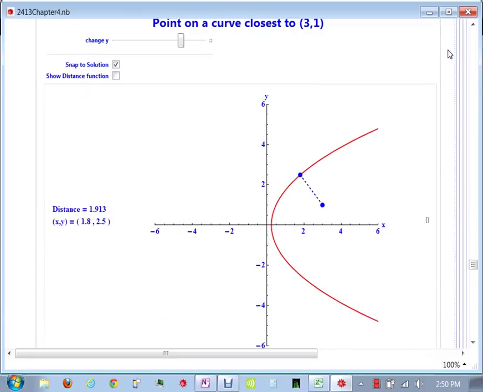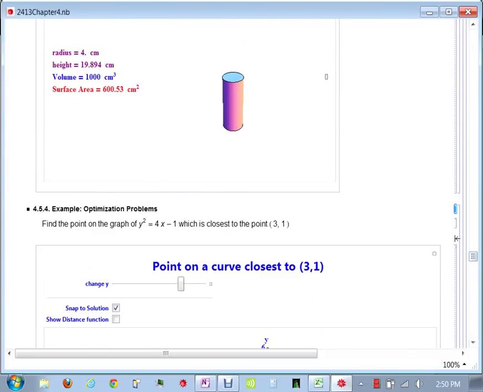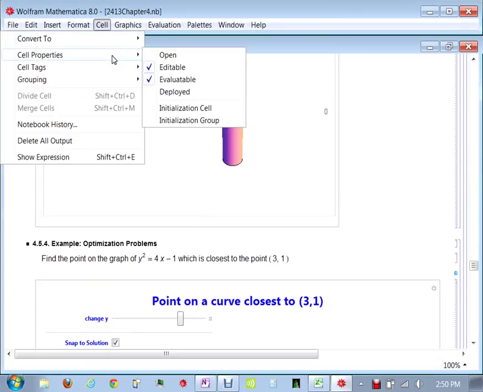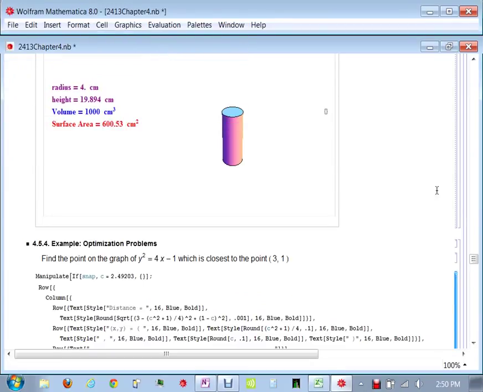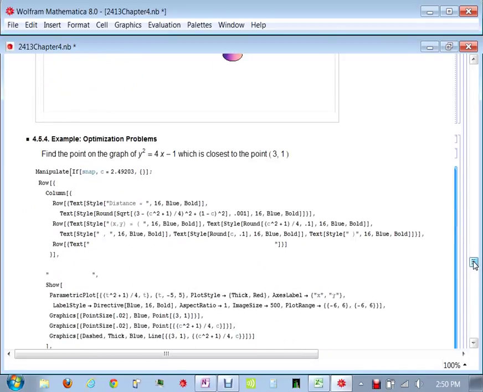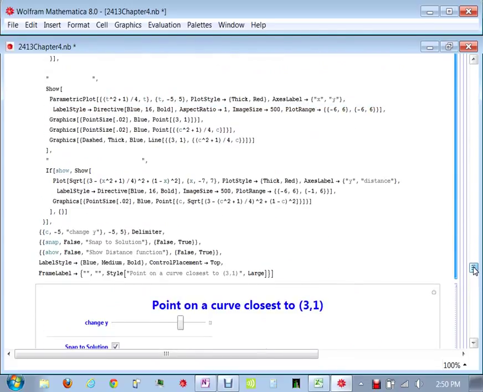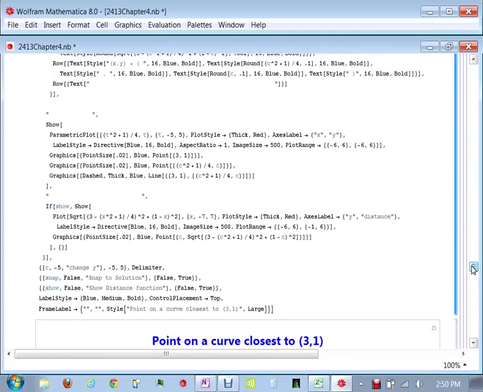Any computer science people here? I think I've asked that before, right? Are there any in here? No? Yes? Okay, so look. You know how it said snap to solution there, and it just popped to the answer? In my code here, this is the code that I wrote to make this thing happen.